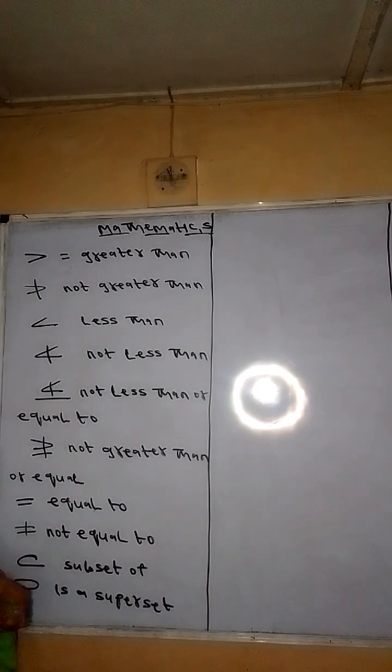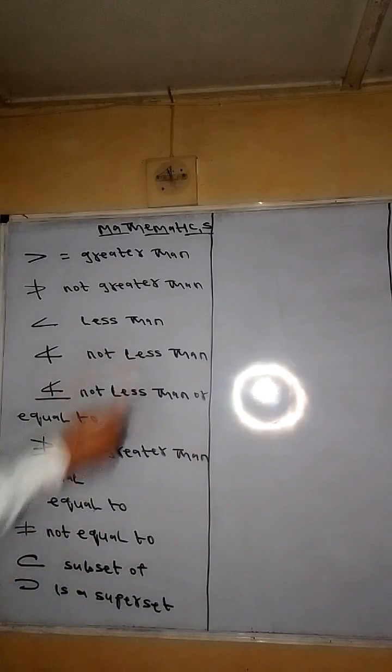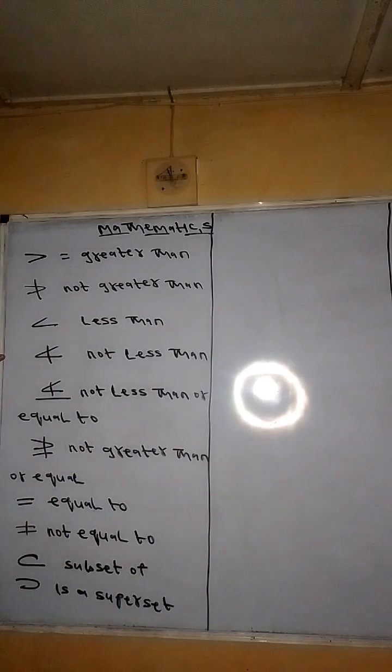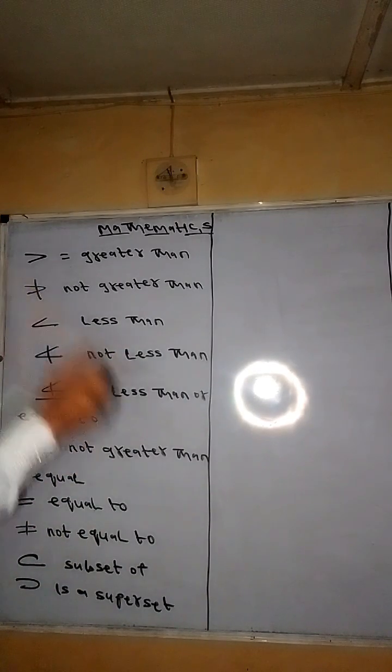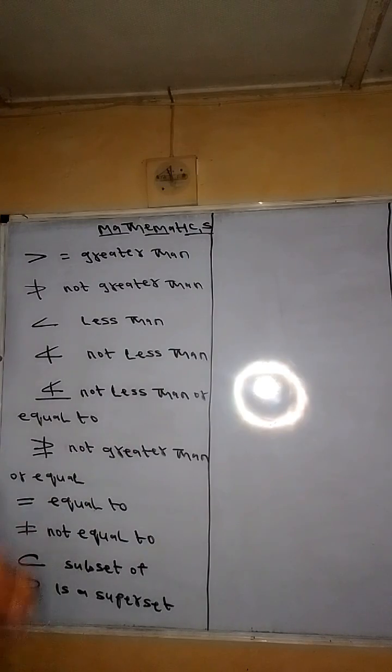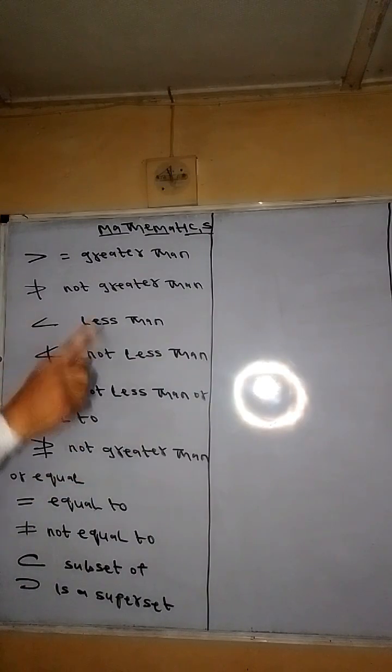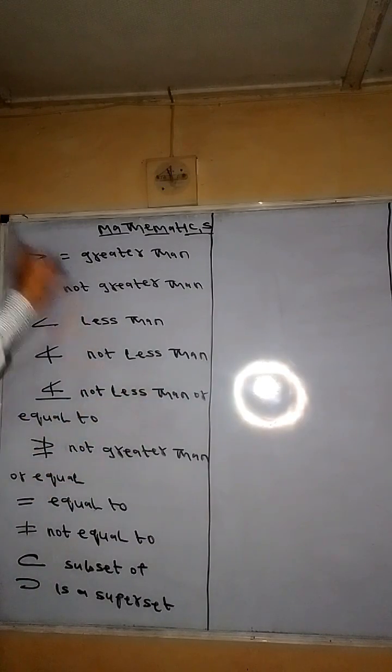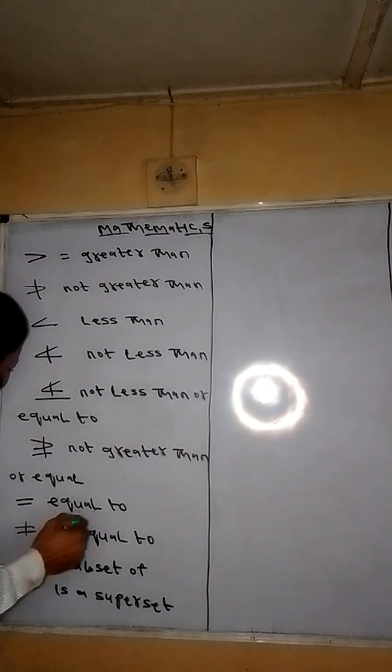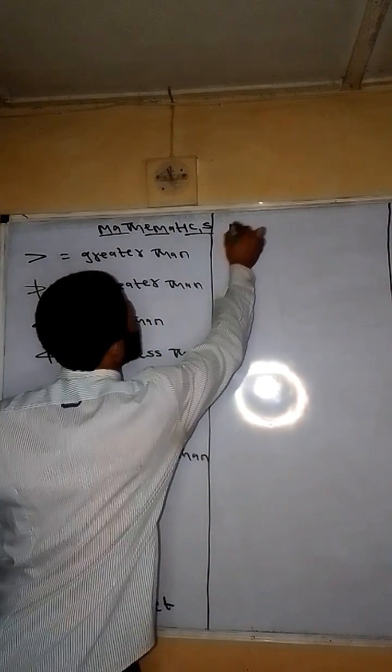A superset is a set that contains another set. So any set from which another set can be taken is called a superset. The superset of all supersets is known as a universal set. A universal set is a set that contains all elements that can be used to solve a given problem. Please take note.